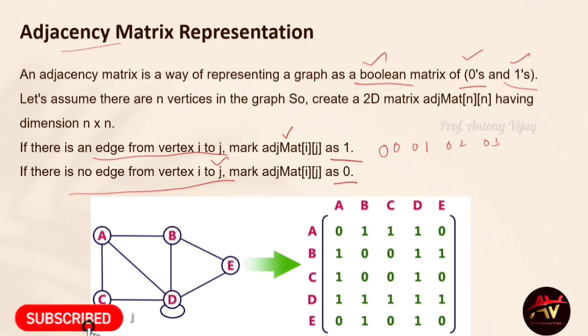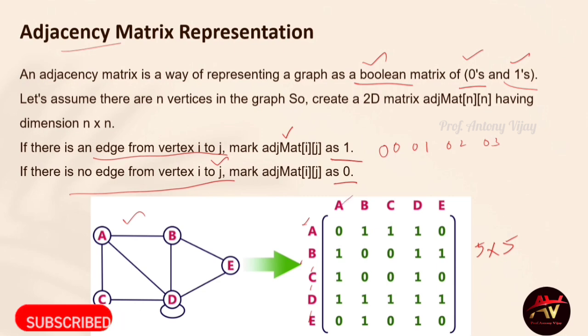See in this diagram, in total we have 5 vertices. So we form a 5 cross 5 matrix. Based on the number of vertices, we form the matrix. So A to E, A, B, C, D like this, column wise as well as row wise we have to put.